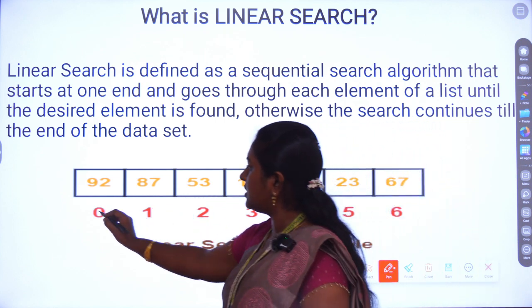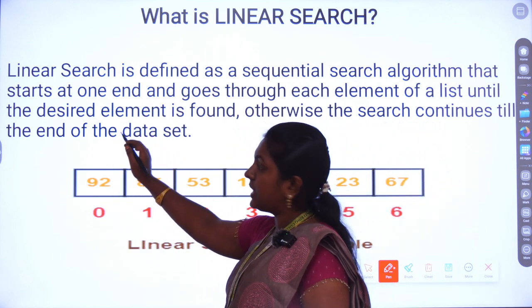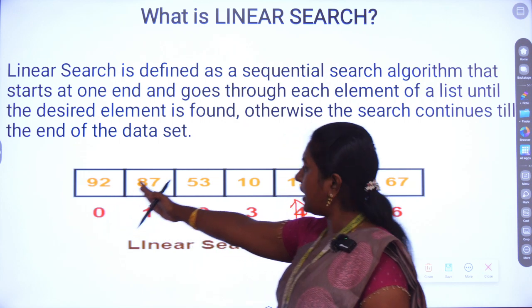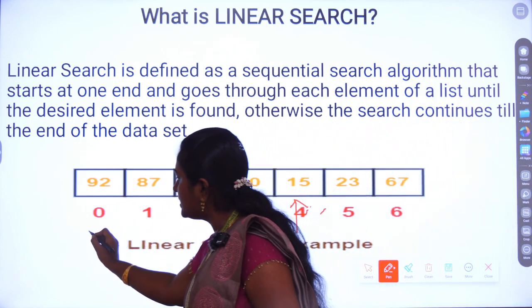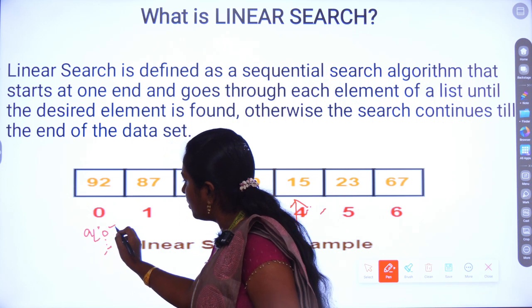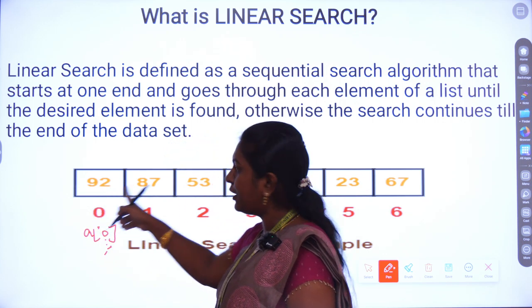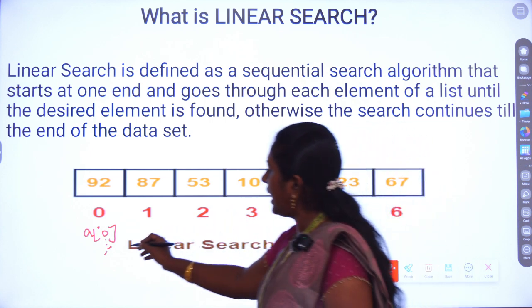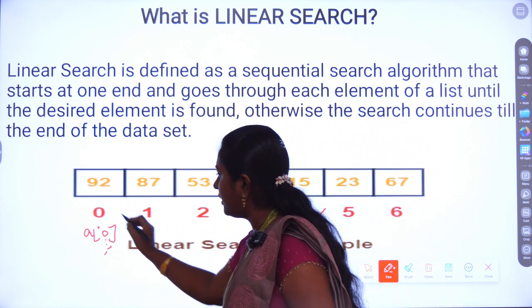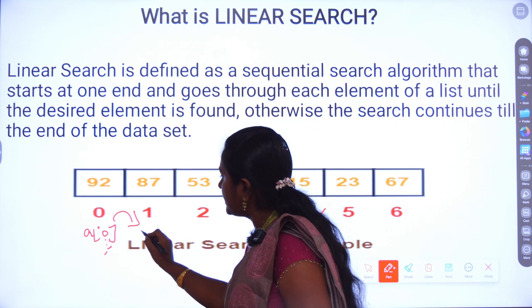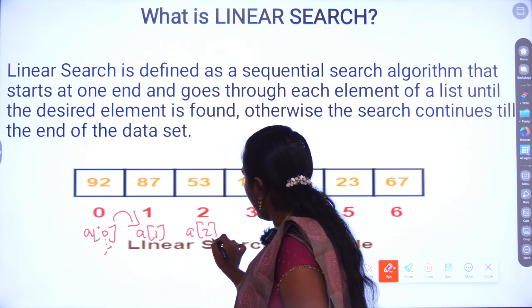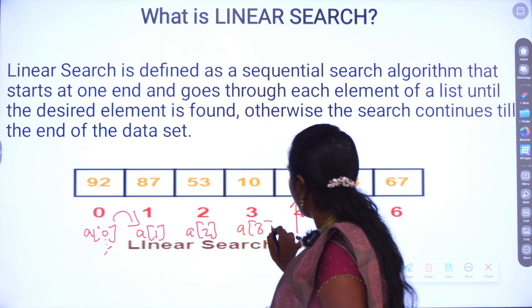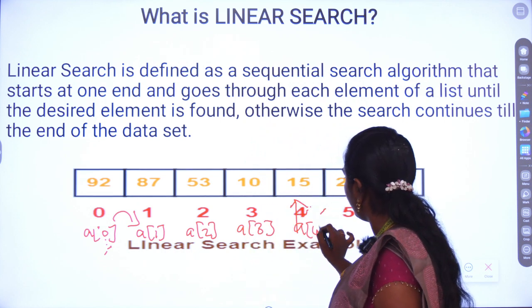So how will I search? Linear search is a method that starts from one end and proceeds till the end. Here I go first to A of 0. A of 0 contains 92, not 15. If it is not found, I move on to the next, A of 1, A of 2, and A of 3, and finally A of 4.